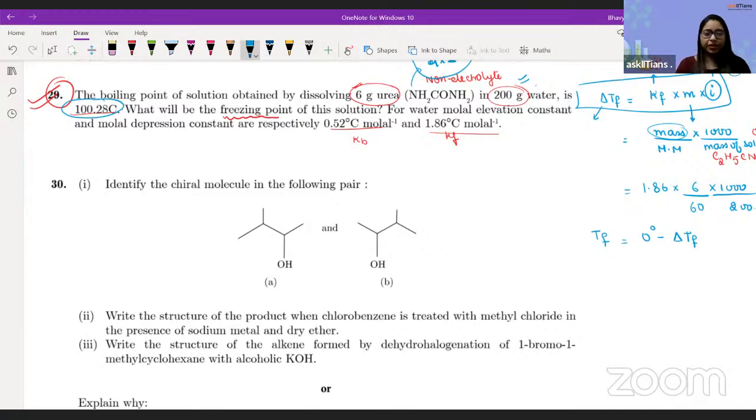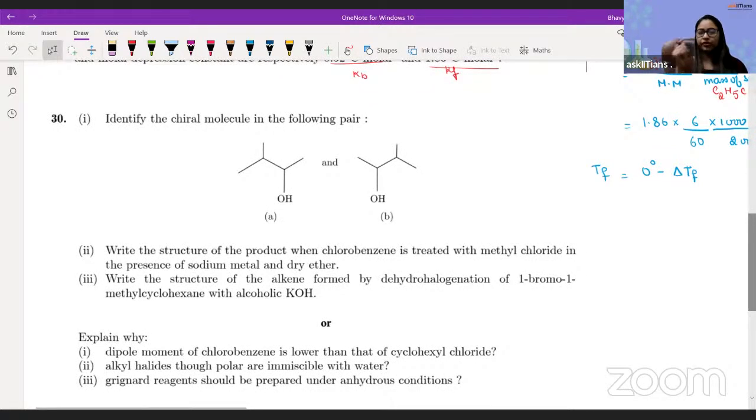Then I'll come to the next thing, that is the 30th question. In the 30th question, I'll go with the first part. They are asking to identify the chiral molecule in the following pair. Just have to identify the chiral carbon or the chiral molecule. So basically, what is a chiral molecule?